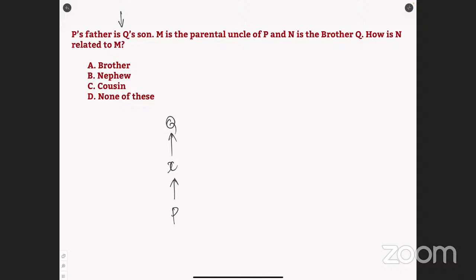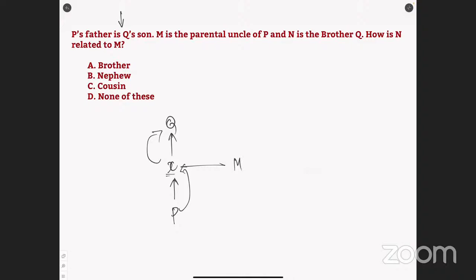P's father X is the son of Q. Now, M is the paternal uncle of P. Okay, paternal uncle means father's brother. Who is father of P? X. X should have a brother.